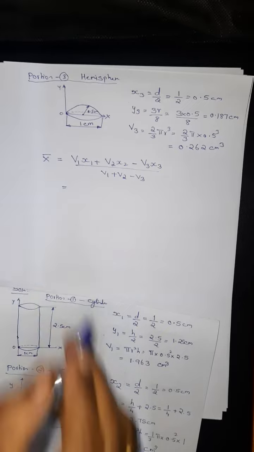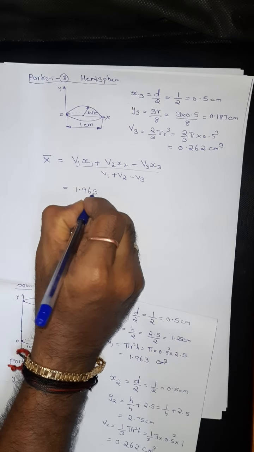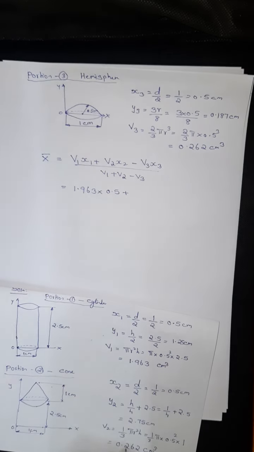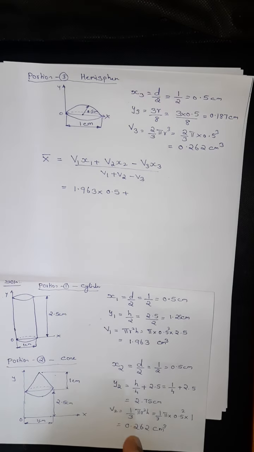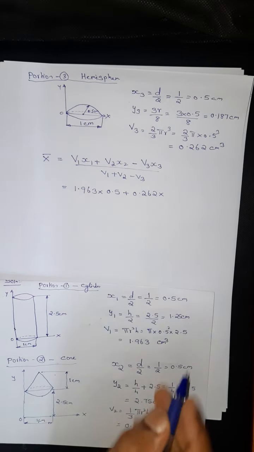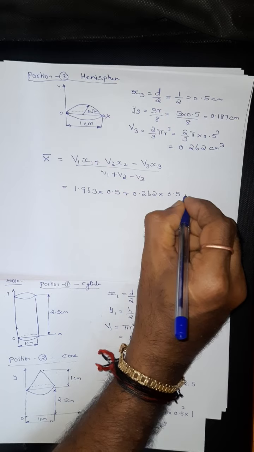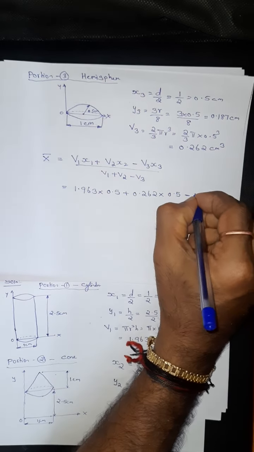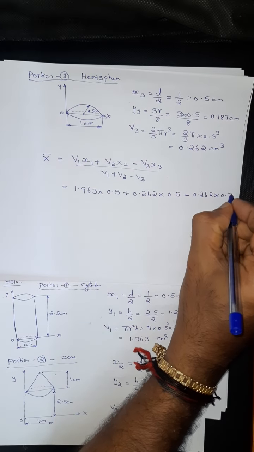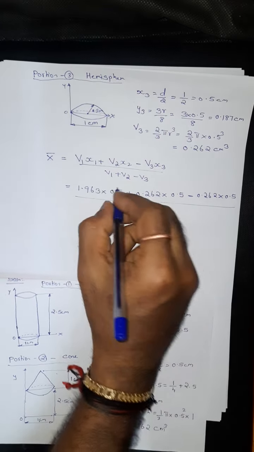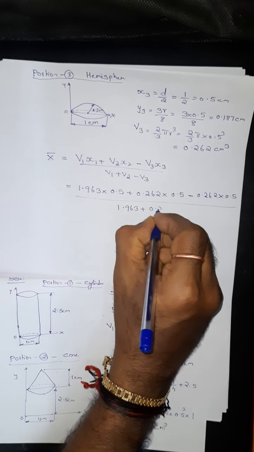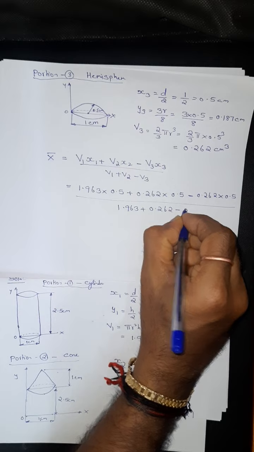So V1 is 1.963, x1 is 0.5, plus V2 is 0.262 into x2 is 0.5, minus V3 is 0.262 into x3 is 0.5, isn't it? Divided by the sum of volume. V1 is 1.963, V2 is 0.262, minus 0.262.